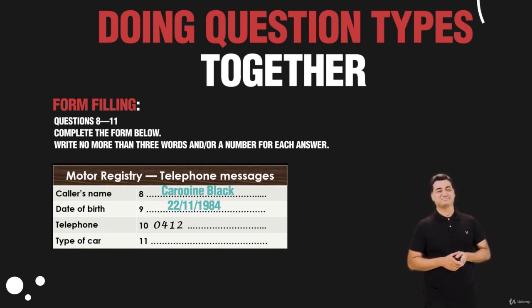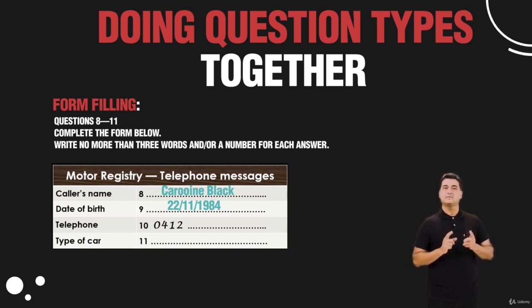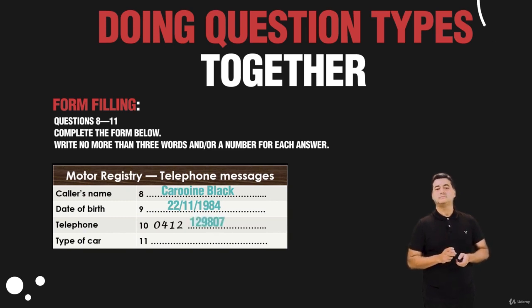Oh, that's today. Happy birthday. 1984. And can you give me a contact number so I can call you back? I'll give you my mobile. It's 0412 129 807. 0412 129. Did you say 811? No, 807.